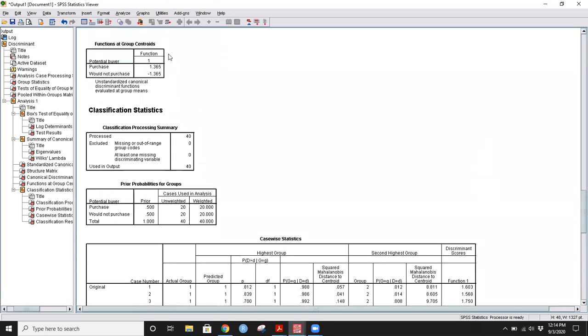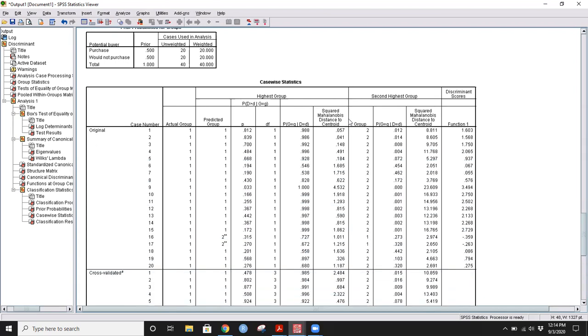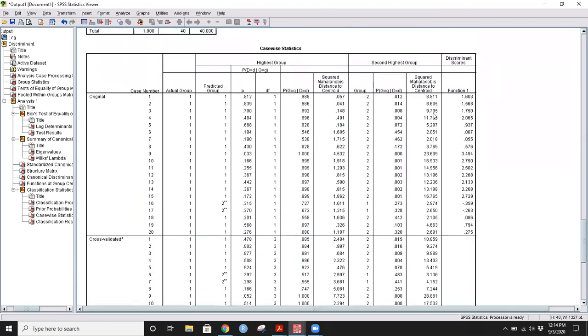Cutting score came out to be 0. That is, the weighted mean of group centroids came out to be 0. And when I compare my discriminant scores with 0, I can classify my customer in one of the two categories. Okay, I'm just teaching you how to do this manually, but even if you don't really want to bother about it, it's okay, because the software is doing it for you, right?